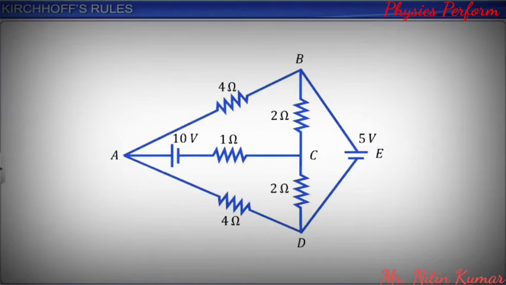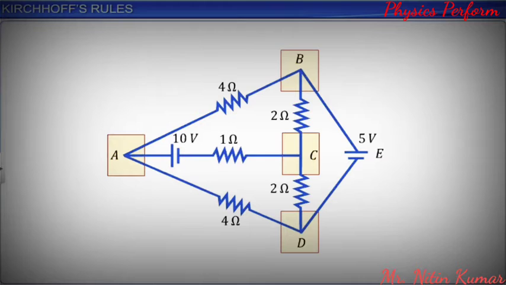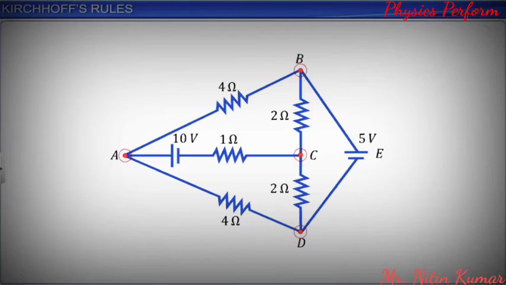Let us now apply Kirchhoff's rules to find the current in each branch of this complicated circuit. There are two important steps in the procedure. Step 1. We label and indicate the direction of current in each branch of the circuit. Next, apply Kirchhoff's first rule at every junction point. Step 2. We apply Kirchhoff's second rule to the closed loops in the circuit.